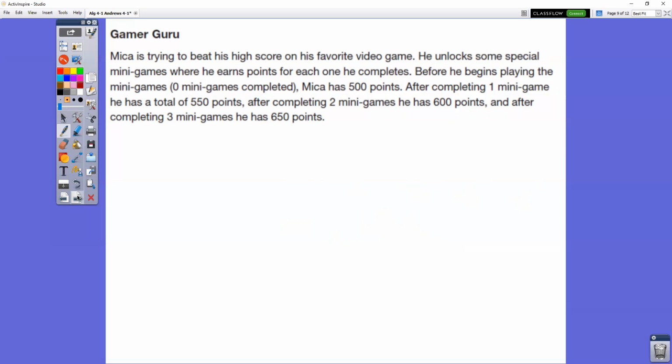After completing 2 mini games, he has a total of 600. And completing 3 mini games, he has a total of 650. Write down what you think this pattern looks like. And also, I want you to say, is it increasing or decreasing? Is it finite or is it infinite?